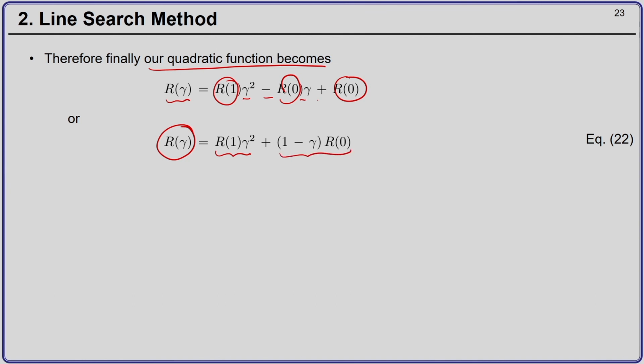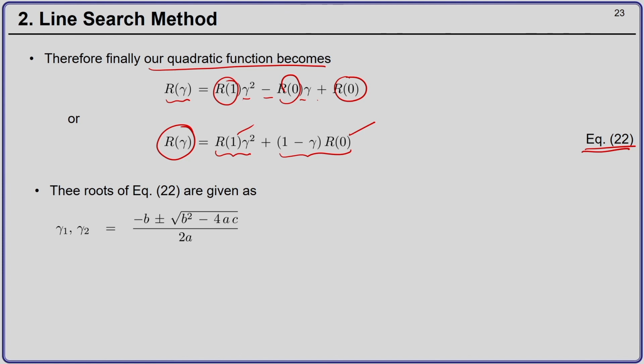Okay. Now, I know R 0 and R 1, so now I can find the roots of the quadratic equation given by 22. The roots of this equation, gamma 1 and gamma 2, because it is a quadratic equation, it will have two roots, equal to minus b plus minus root over b square minus 4ac divided by 2a.